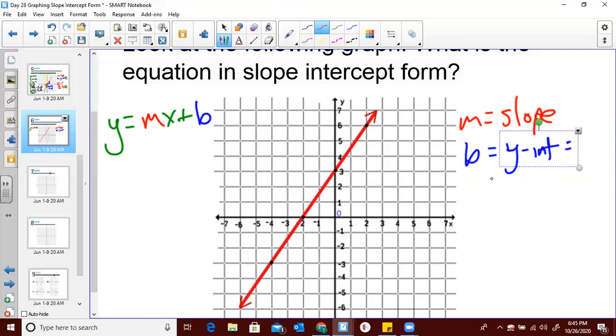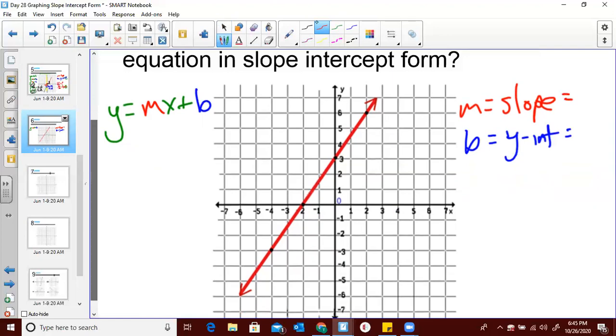And I'll skip some of the review on these, because like I said, you guys can rewind and check it out later. So we're going to see where this line crosses our y-axis. And it's pretty obvious that they intersect right here at x equals 0, y equals 3. So our y-intercept is just going to be 3.